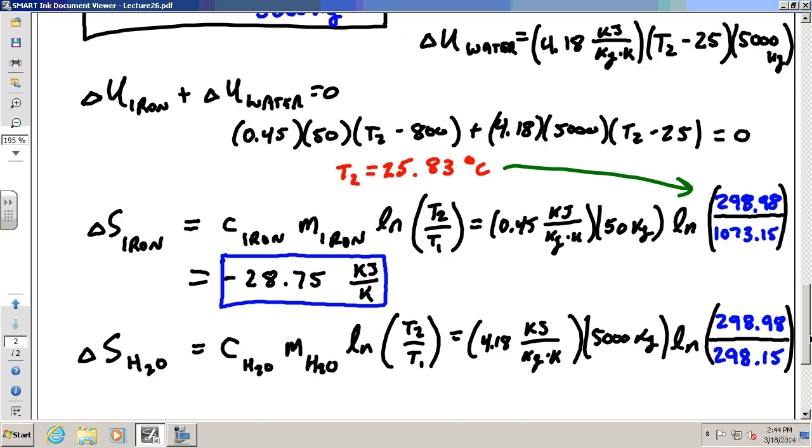So they're almost the same. If they were the same, the natural log of 1 is 0, and there wouldn't be any entropy produced. But obviously, it's a little bit different. And so when you multiply that by 5,000 and multiply by 4.18, it will still be a fairly significant number. It turns out if you do the math, you get this as 58.10 kilojoules per K.